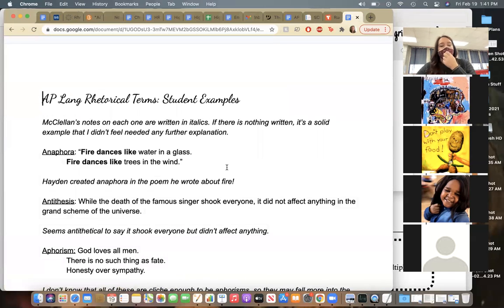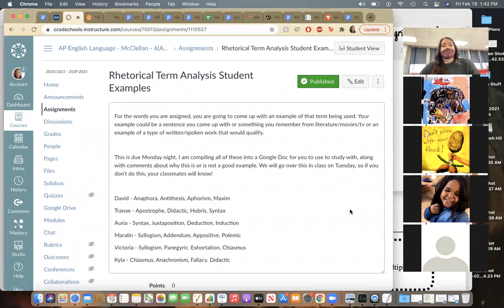But what I'm going to do is compile them all into a Google Doc like this one and put your examples here and then create a little bit of commentary on them. If this is a good example, I'll explain why. If it's not a good example, I'll point out how it could be better or why it doesn't work. And I'll do that before we meet on Tuesday. So we're going to go over it in class. So if you don't do this by Monday night, your classmates will know that you're a slacker.